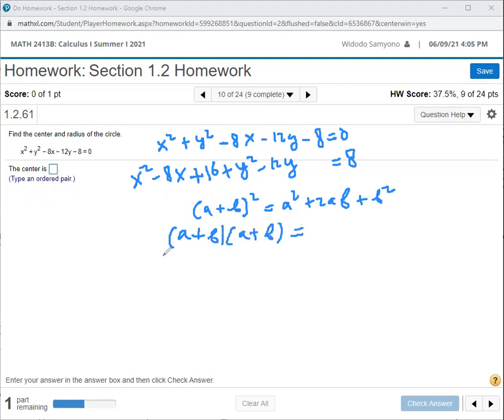And then if you use the FOIL, the first you got a squared, the first, yeah, the first is the F, right? So this is the first, and then the O means the outside, this one and this one, right? And then the inside, the I, and then the last, the L, right?